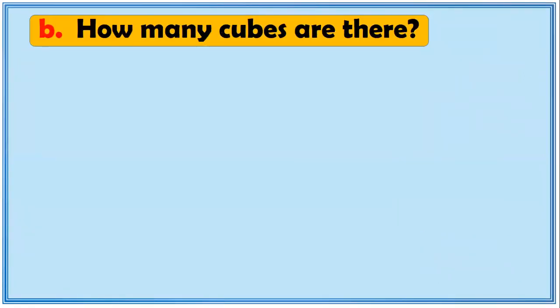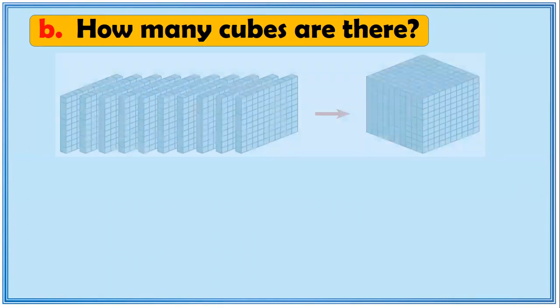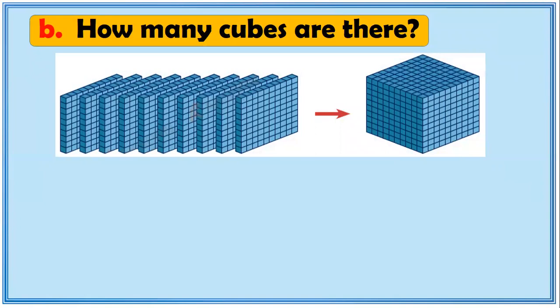For letter B, how many cubes are there? Let us see the illustration. As you can see here, we have how many blocks of cubes? Let us count. 1, 2, 3, 4, 5, 6, 7, 8, 9, 10.